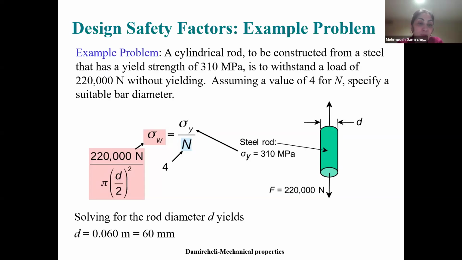So sigma allowable is sigma y divided by n. Sigma allowable is force divided by cross-section area. Sigma y depends on the material property, which is 310 megapascals, and n is 4. By substituting that, D should be a minimum of 60 millimeters. It means if D is more than this it is completely safe, but it shouldn't be less than this if we are looking for safety factor 4, okay?